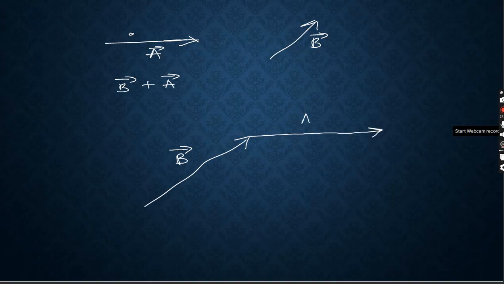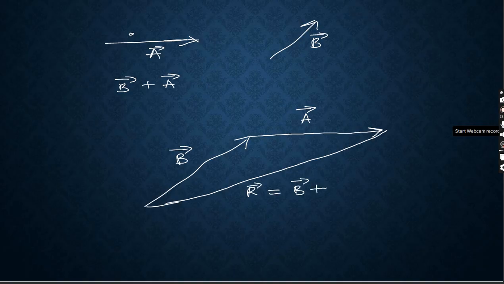We name this vector A. Then you just connect the two lines. So this now is our resultant vector, which is vector B plus A. Any question?